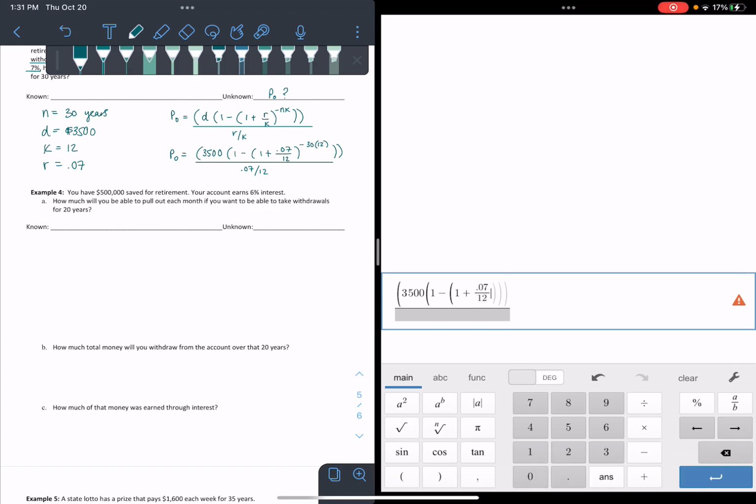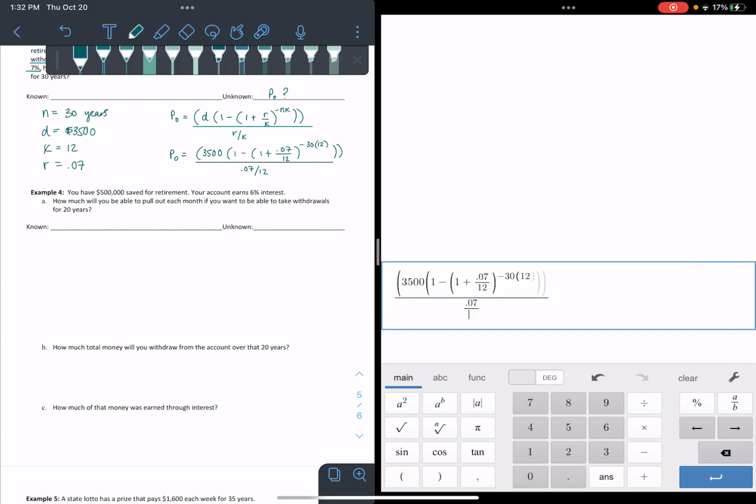I'm going to right click, because I want to get out of that bubble. I'm going to hit the A to the B, that up arrow, that's the exponent. Negative 30, parentheses times 12. And then I'm done with my top. On the bottom, I just need 0.07 divided by 12. All right, and there we have it.